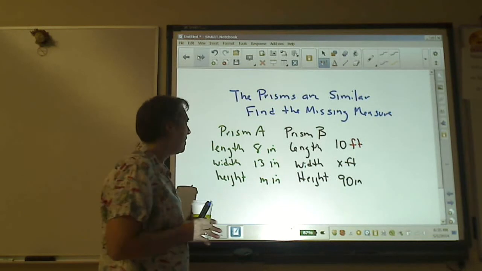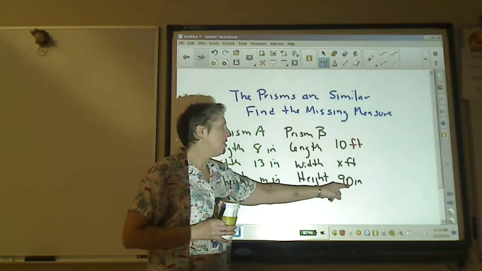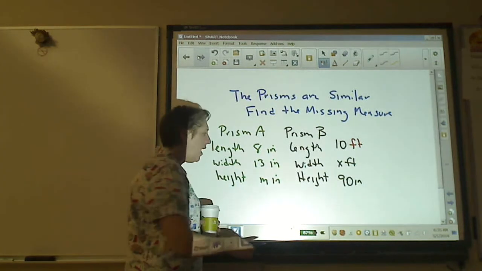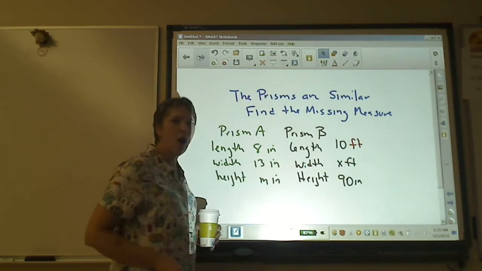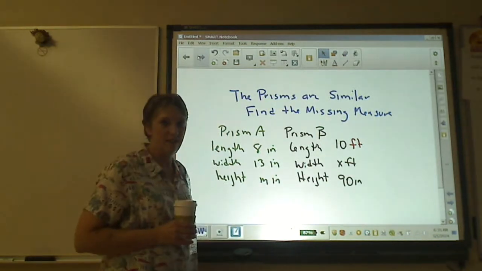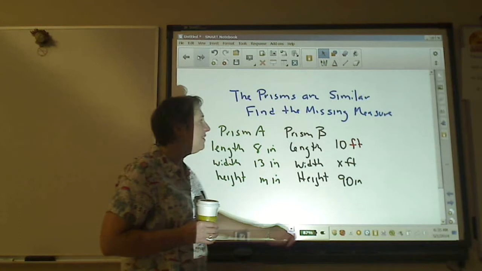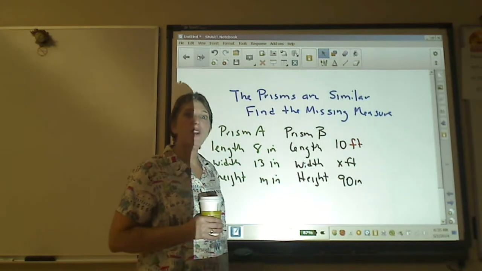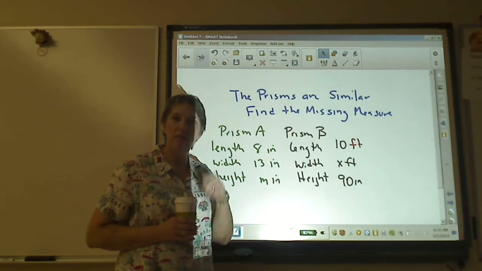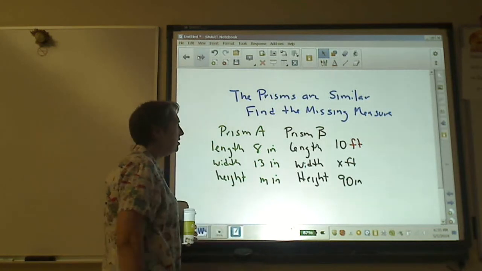What's wrong? This is inches, that's inches, those two are feet. Got to be careful. So we're going to have to set up proportions to solve those, but we're going to have to convert this to inches. And when we find this answer, it's going to be in inches, and we have to convert it to feet. Very good.